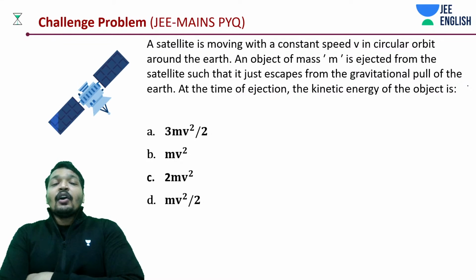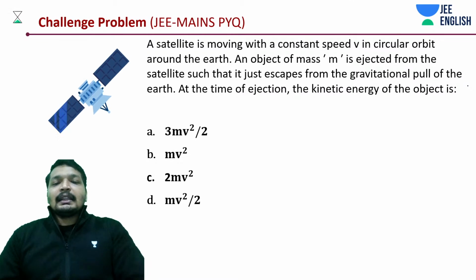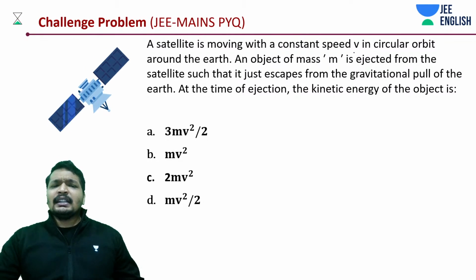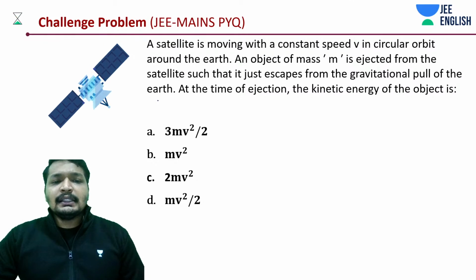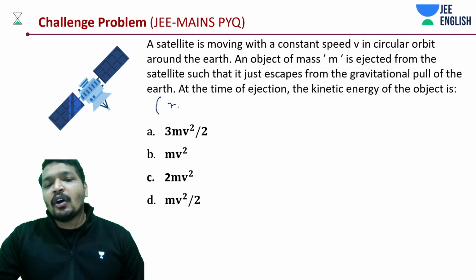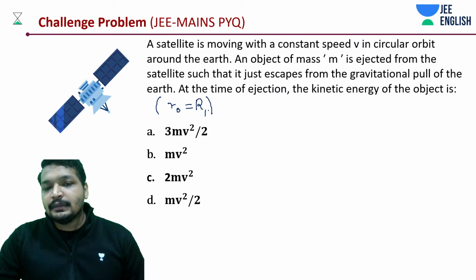If you have noticed, nothing has been said in this question. It's your latest JEE Mains problem, and nothing has been said about the orbiting radius. That means your orbiting radius is equal to the radius of the planet.